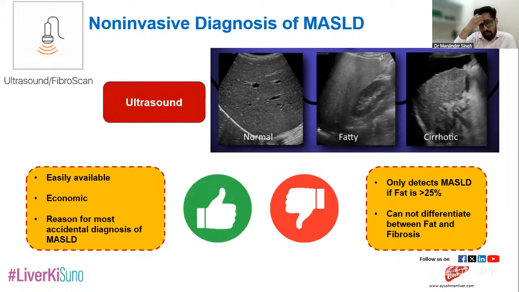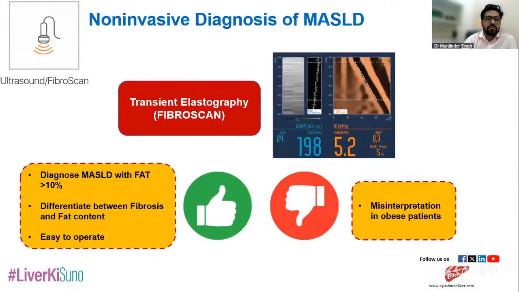So the specificity is low for picking up a fatty liver on ultrasound. The specificity, I mean. And it cannot differentiate between fat and fibrosis. So this can be overcome by transient elastography or fibroscan, which is a new method of diagnosing MASLD.